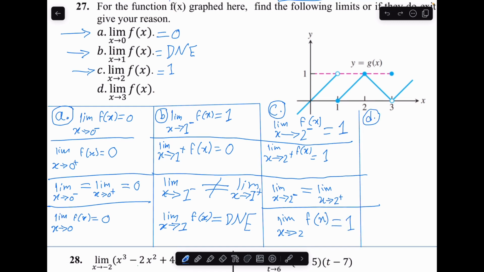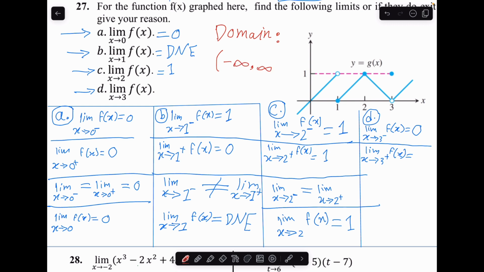Question D, limit when x is approaching 3 of f of x equals. This is the point of 3. Limit when x is approaching 3 from the left, f of x equals 0. Our domain in the function is from negative infinity to positive infinity, except x equals 1 and x equals 3. x is approaching 3 from the right.